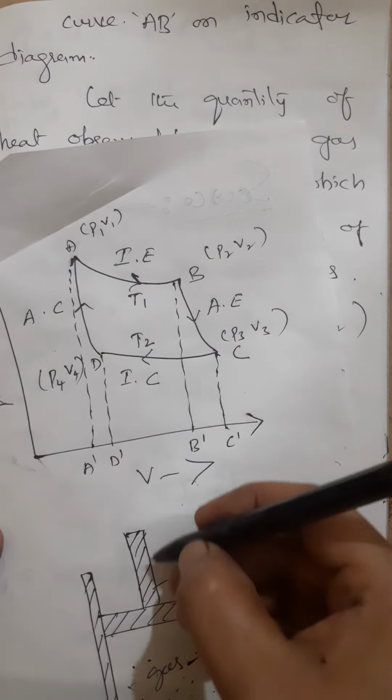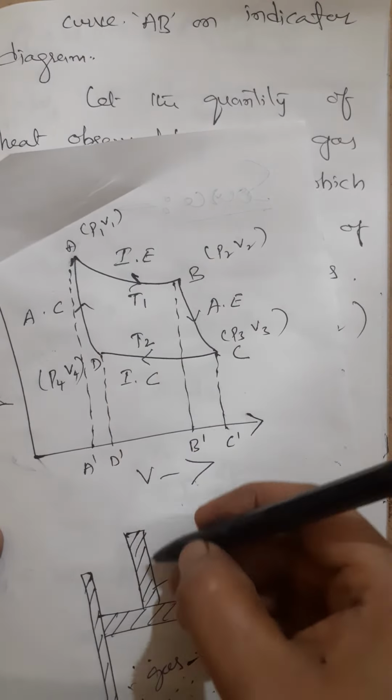At the same time, because of that, the gas does some work, and that work done we have to calculate. Let the quantity of heat absorbed by the gas from the source be Q1.